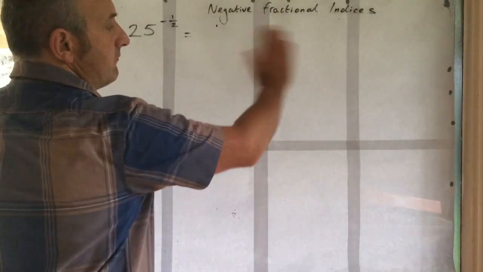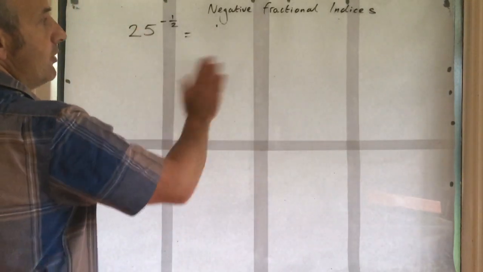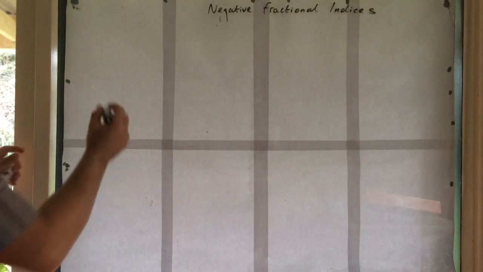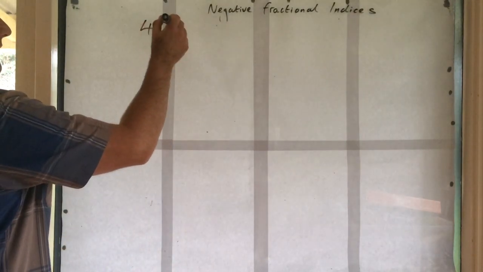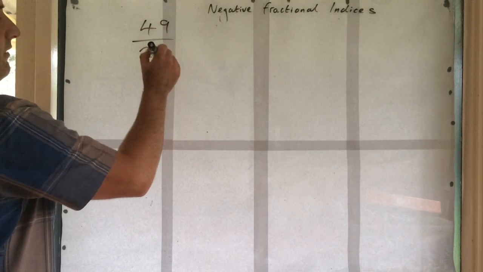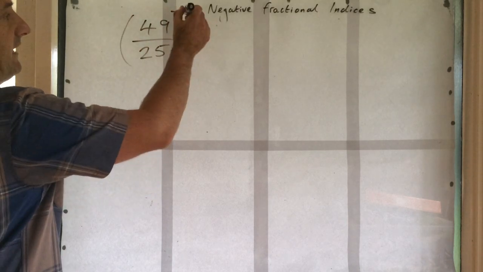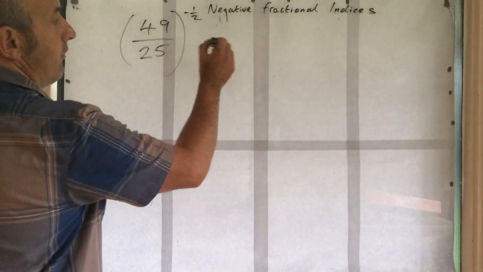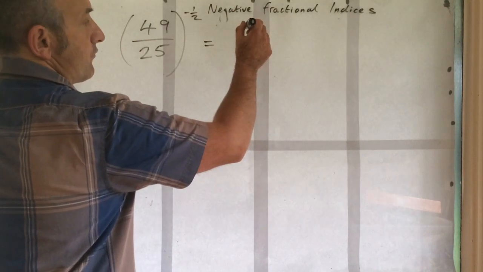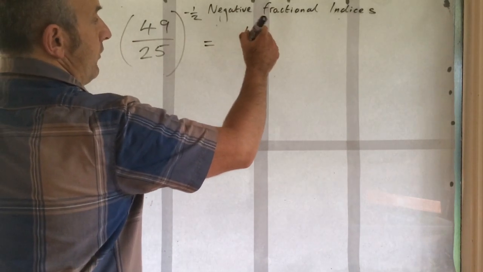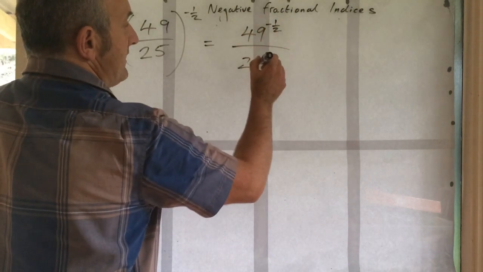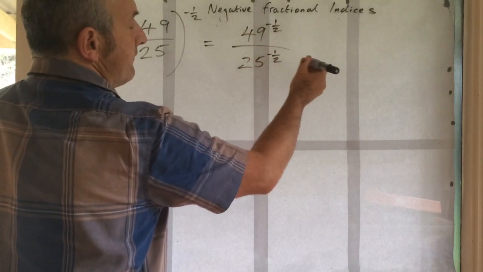Is that all we can do? No. What we can start to do is things like this. 49 over 25, all to the negative half. So now everything is to the negative half. So I've got 49 to the negative half over 25 to the negative half.